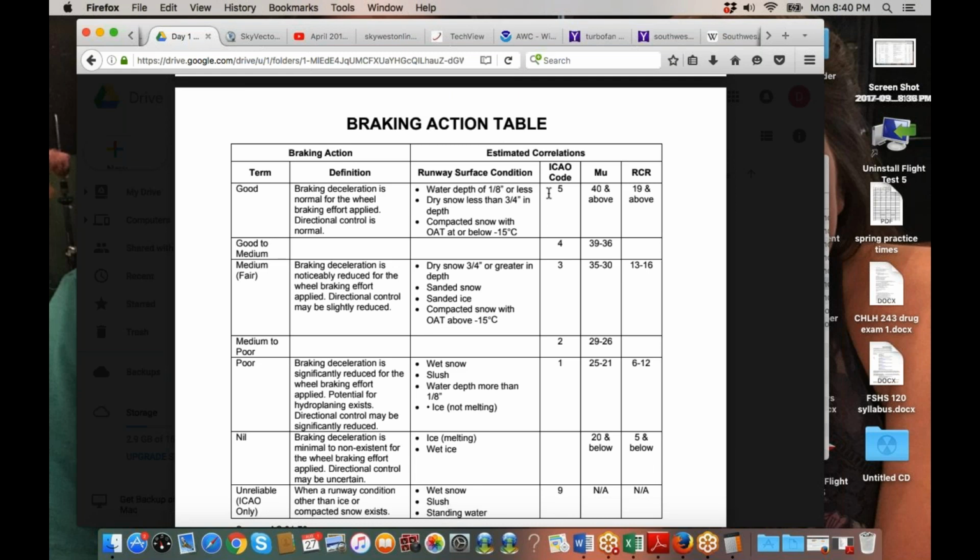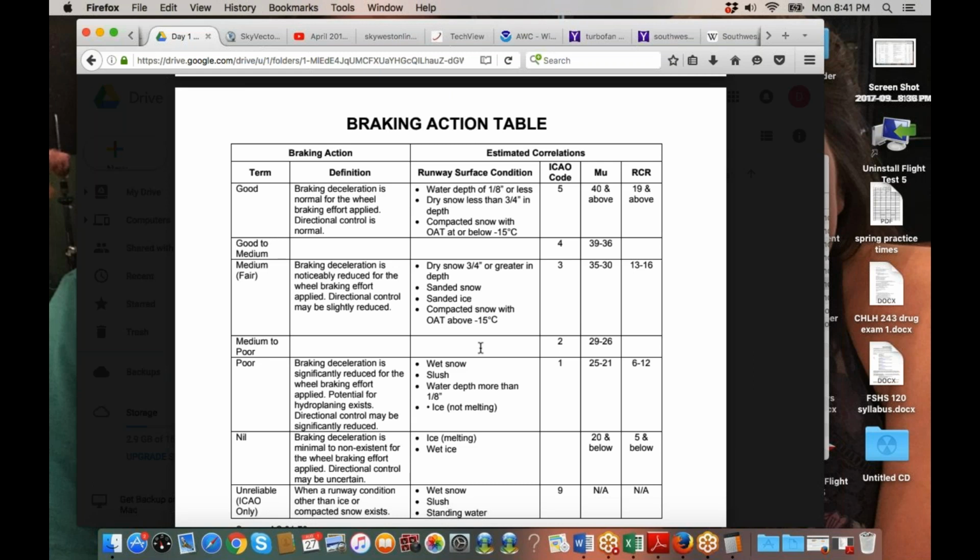So we have to plan for a pretty restrictive number. And it's a 4, somewhere between good and medium. This 3 is dry snow with 3/4 inch or greater in depth, sanded snow, sanded ice, compacted snow with an outside air temperature of -15.